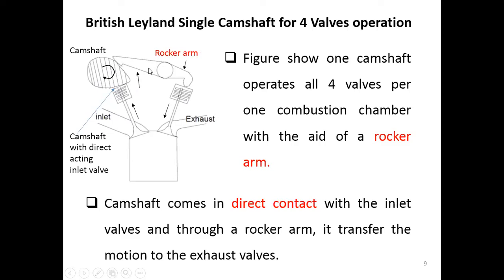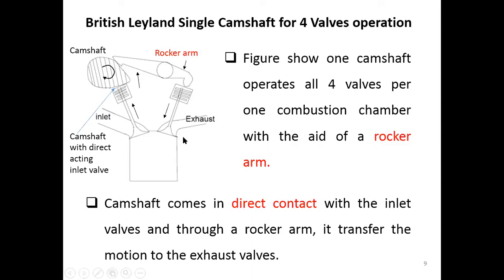So this rocker arm will swing up and down every time that this camshaft rotates, and by this swing motion, it will force this exhaust valve to open and close. So one single camshaft operates two valves using this mechanism.